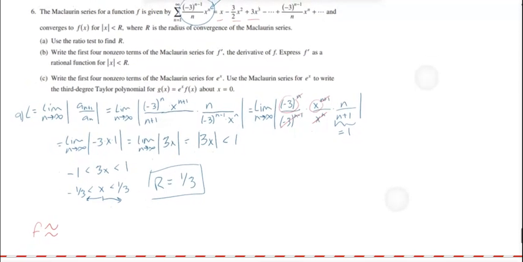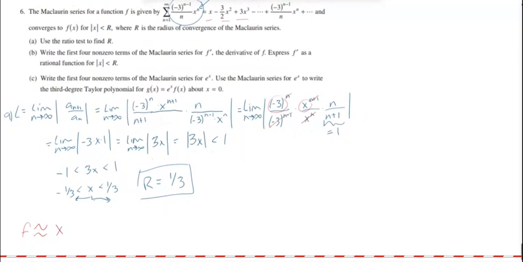I'm going to zoom out just a little bit so we can see it all. All right, x minus 3 over 2 x squared plus 3 x cubed. And then I need one more term. So what I'm going to do is plug into the general term. Notice it started at n equals 1. So n equals 1, 2, and 3.